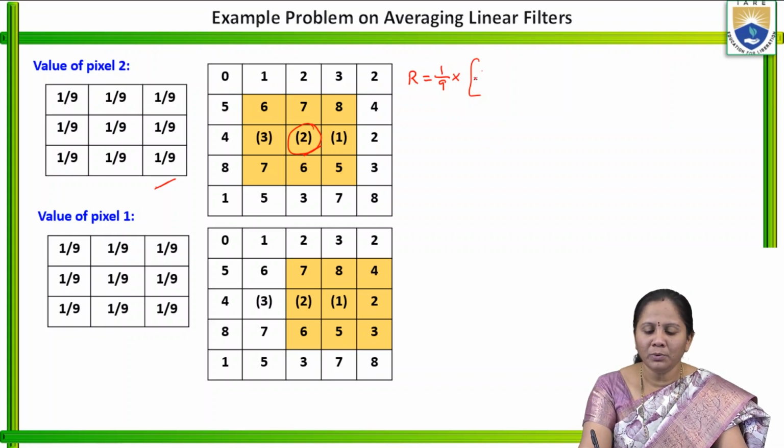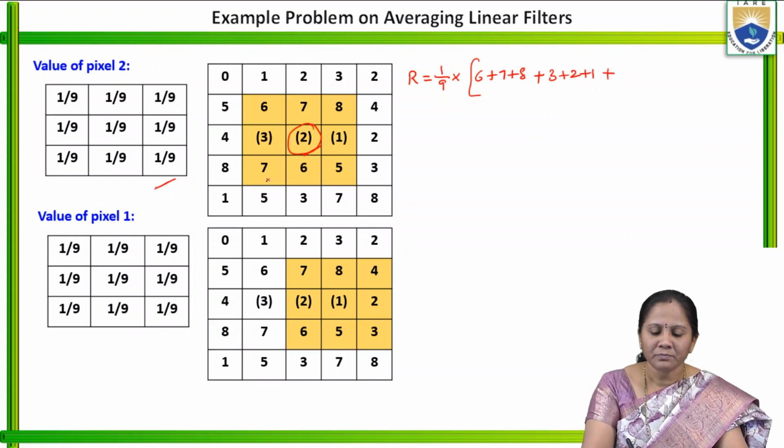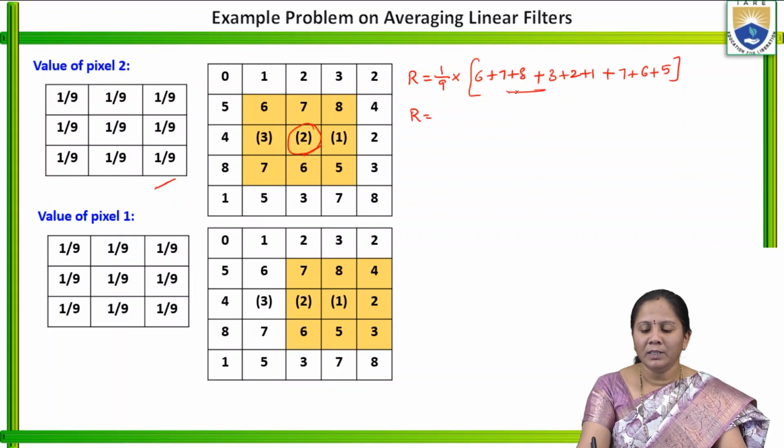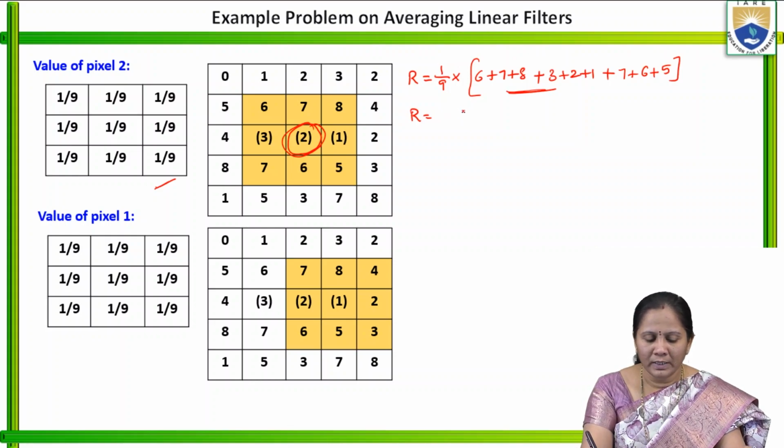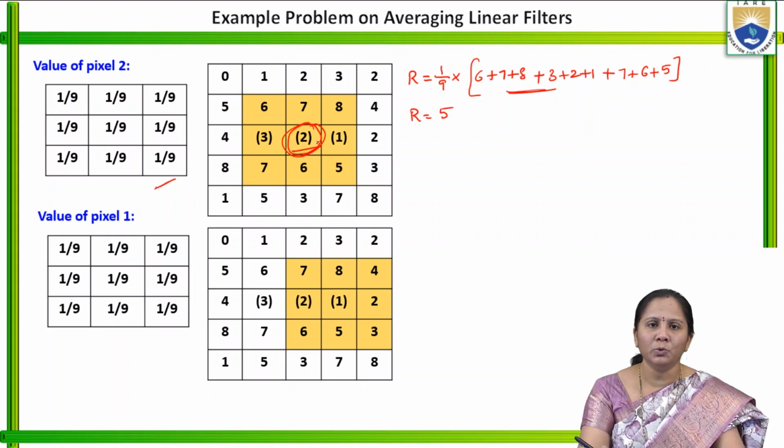So 1/9 into 6 plus 7 plus 8 plus 3, 2, 1, 3 plus 2 plus 1 plus the last row 7 plus 6 plus 5. If we simplify this, we get the new pixel value for this 2, which is 5. That means instead of 2 in the output image, we have to place the value 5.